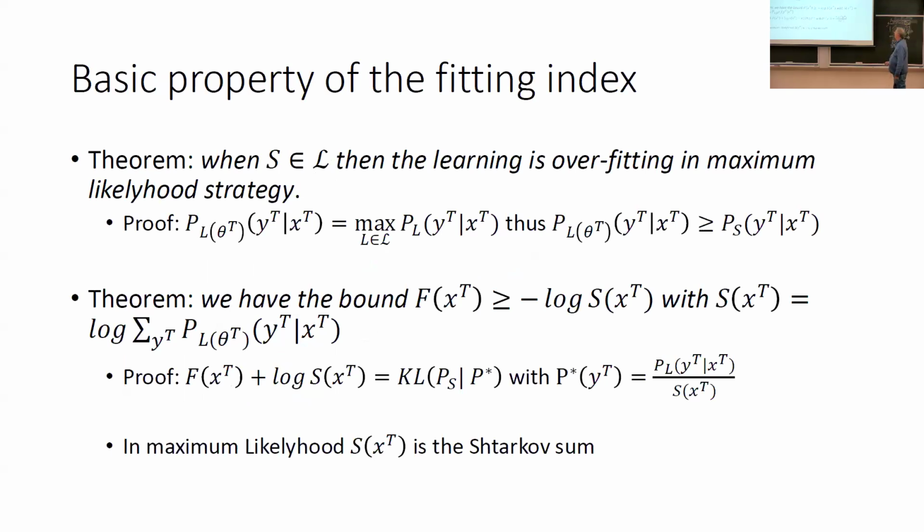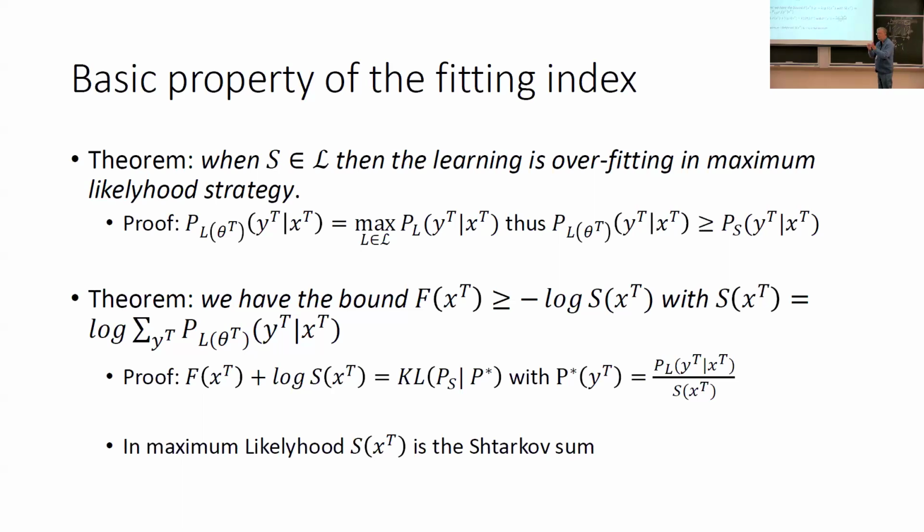Here, there is a very simple theorem. You hope that your class of models contains the model of nature, the model of the source. But in this case, you won't find the exact model.